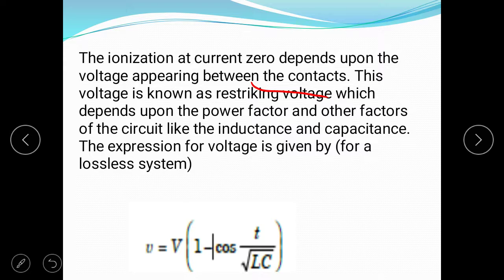Simply, when the voltage across the contacts of the circuit breaker is greater than the restriking voltage, then the arc will be induced between the contacts of the gap. Or if the voltage across the terminals of the circuit breaker is less than the restriking voltage, then there will be no arc between the contacts of the circuit breaker.